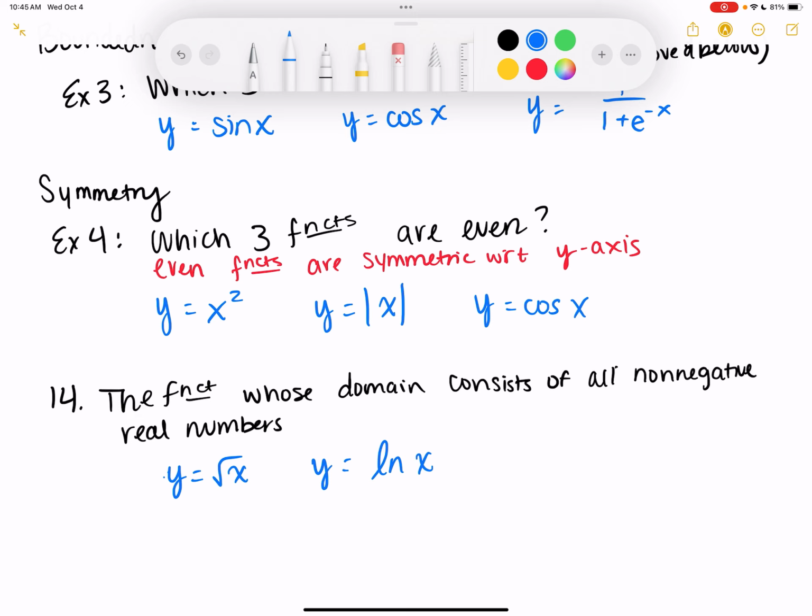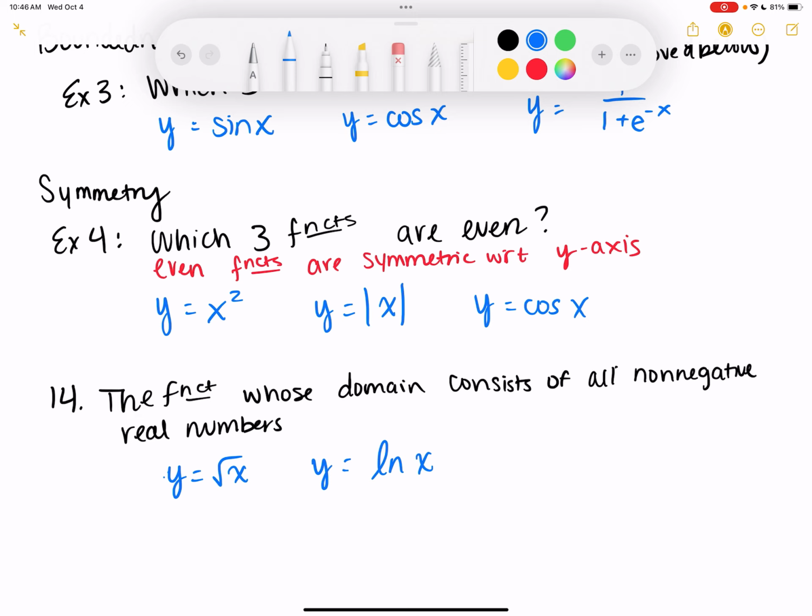ln should be on the left. So ln 0, it tells you domain error. Oh, yeah. So there is one, because 0 is a non-negative real number. Yeah, technically. So that is why they're doing that.